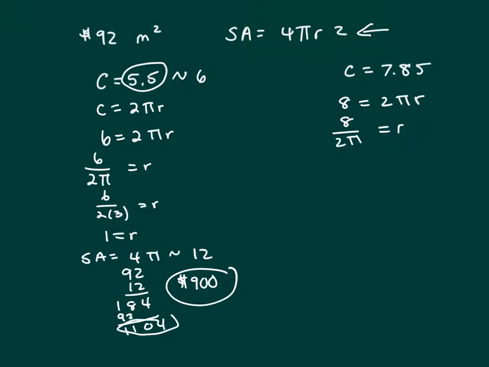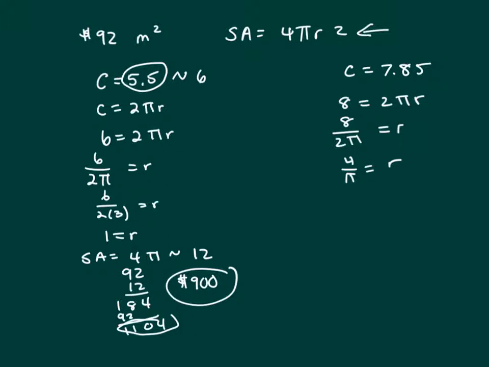So that's about 4 over pi, which equals my radius. And I'm going to leave that as 4 over pi, because it's just too much rounding to call that 3, to call that 1.